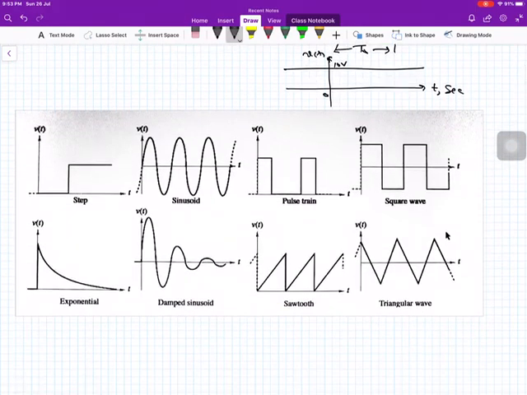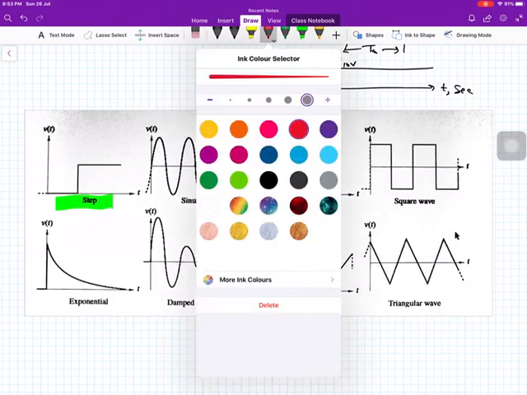Waveforms of a few basic signals used in this course and generally in electrical engineering. This is the step waveform, and in the step waveform, if the amplitude is 1, then this is known as the unit step function or signal.